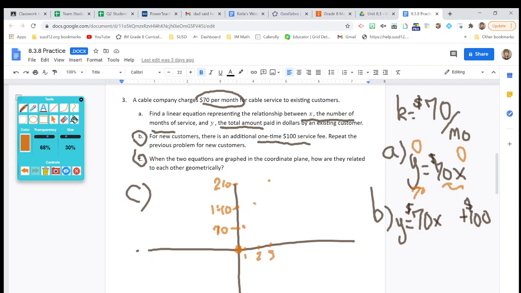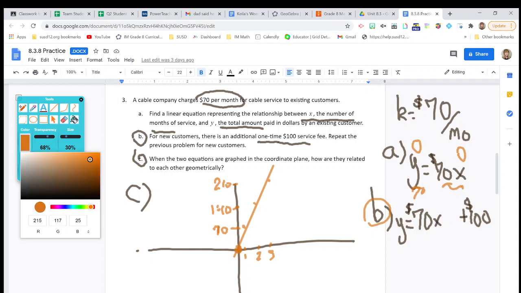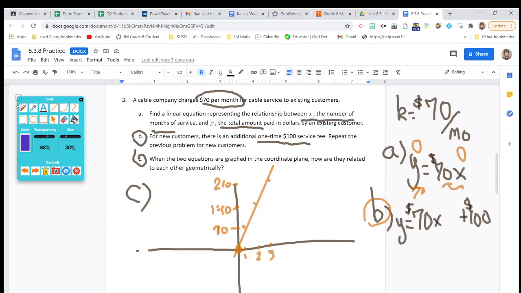Okay, now we have to sketch the second equation, B. This is where customers start out with a $100 fee. I bet they're not happy about that. Before I sketch that, let me draw the line for these points right about there. If I drew it correctly, they're all on a straight line, but this is just a sketch, so it's okay if I'm a little off, but it should mostly make sense. Your graph needs to make sense.